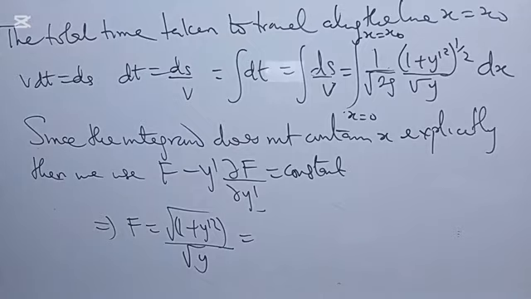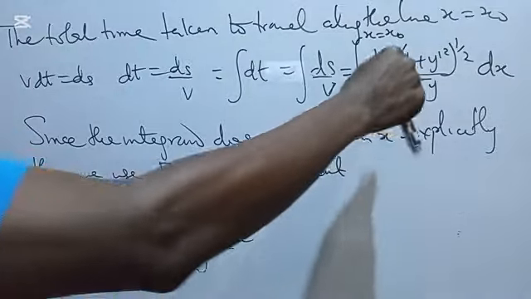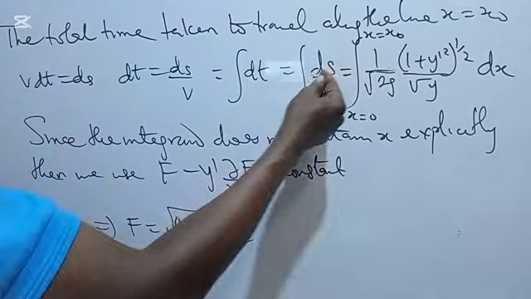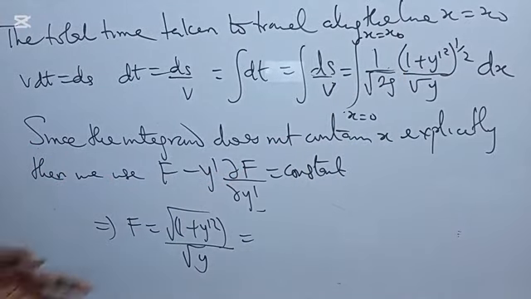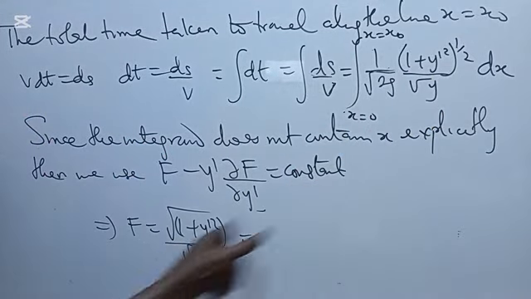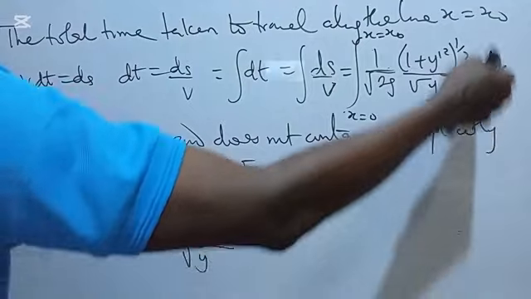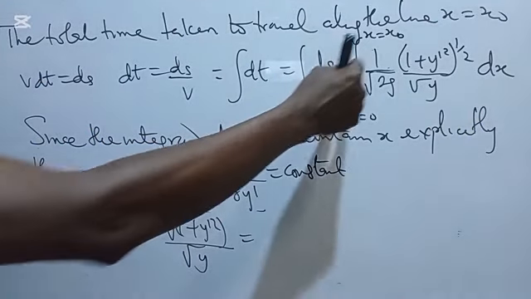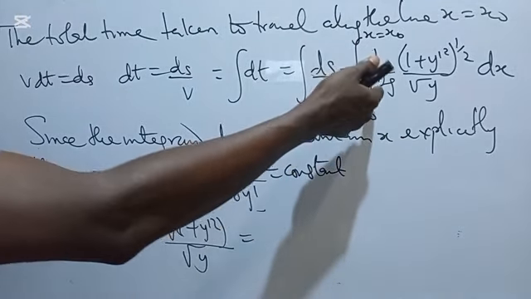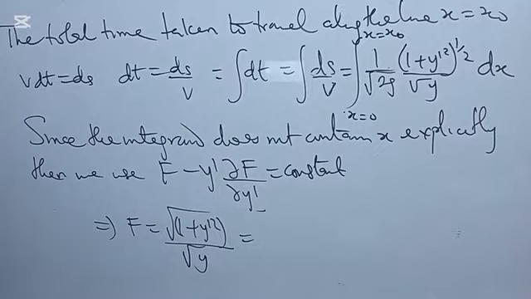Now our integral here, 1 over 2 root 2g, is a constant. You can bring it out. Our integral functional is the whole of this. So 1 over root 2g is a constant because g is a constant, the acceleration due to gravity. So it's not part of the integral. That is what our f stands for here.